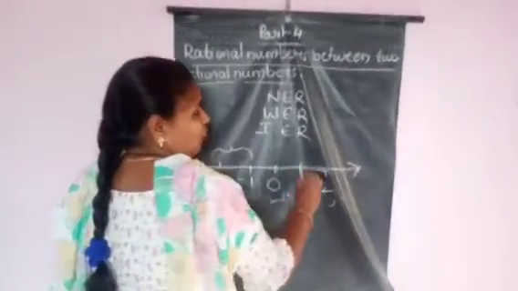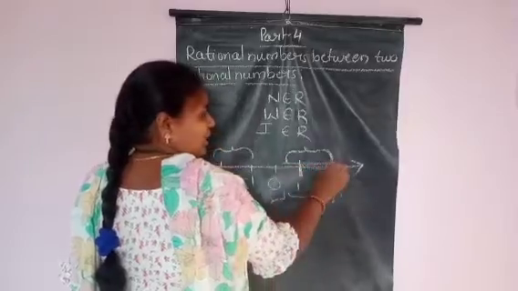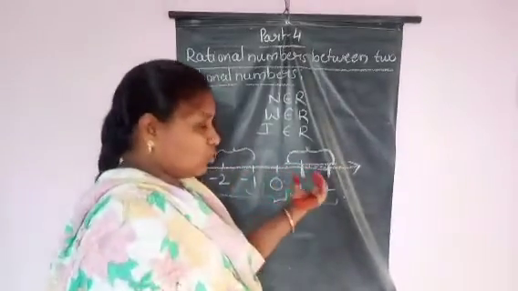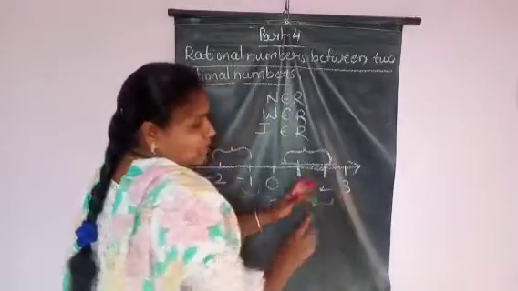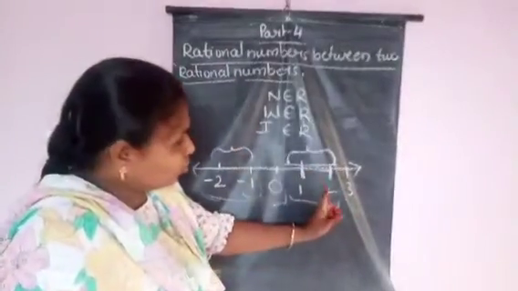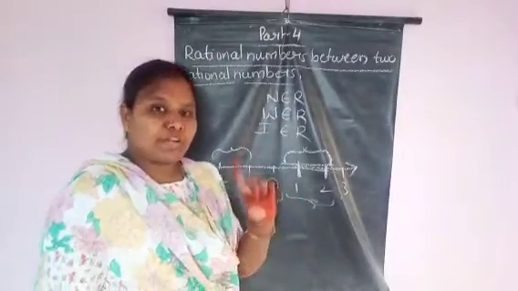If we have 1 and 2, we can find an infinite number of rational numbers between these two numbers. Between 2 and 3 also we can find an infinite number of rational numbers.